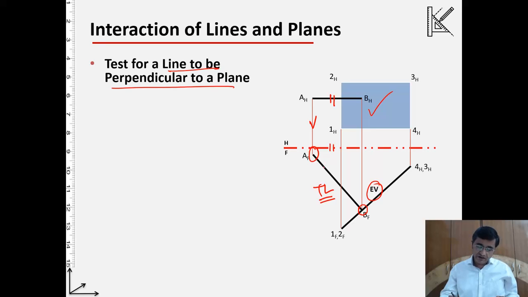So this line is neither short nor longer, rather it is meeting over here. This angle is 90 degrees, because we have made it 90 degrees, and we tested that the true length meets over here. So that means the line AB is perpendicular to the plane 1, 2, 3, 4.